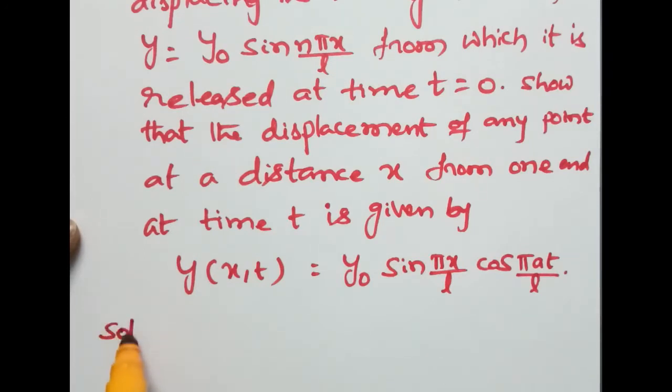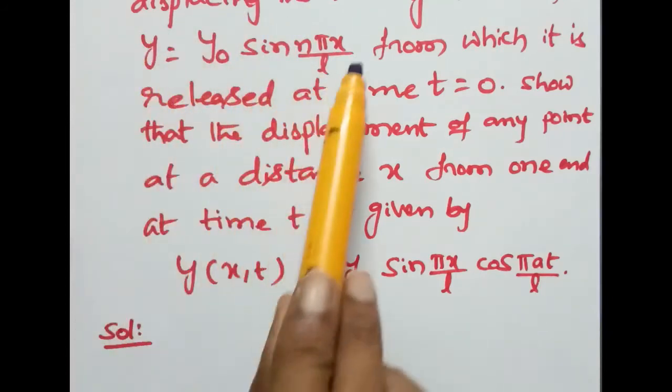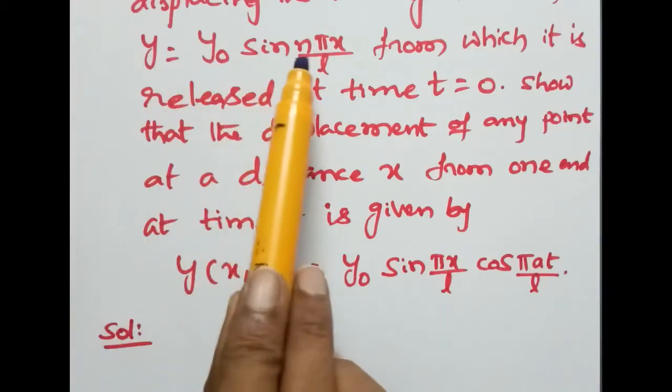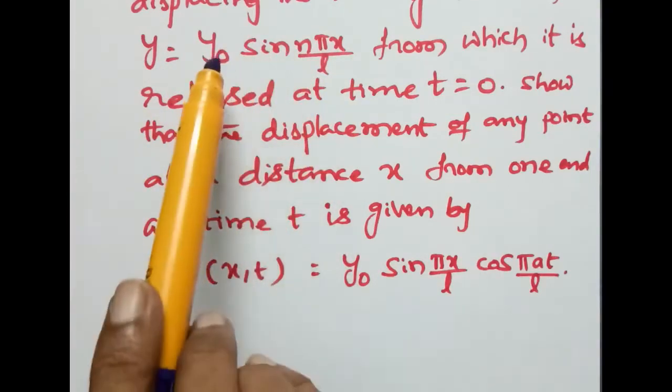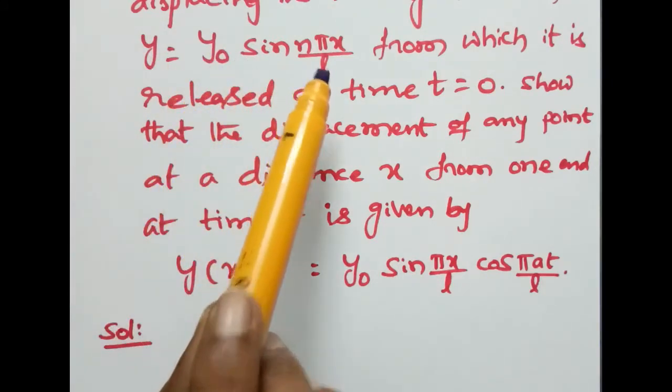Solution. The explanation is the same as in the previous problem. The only change in this problem is that y is equal to y naught sine n pi x by L. In the previous problem, the initial displacement is k into Lx minus x square.